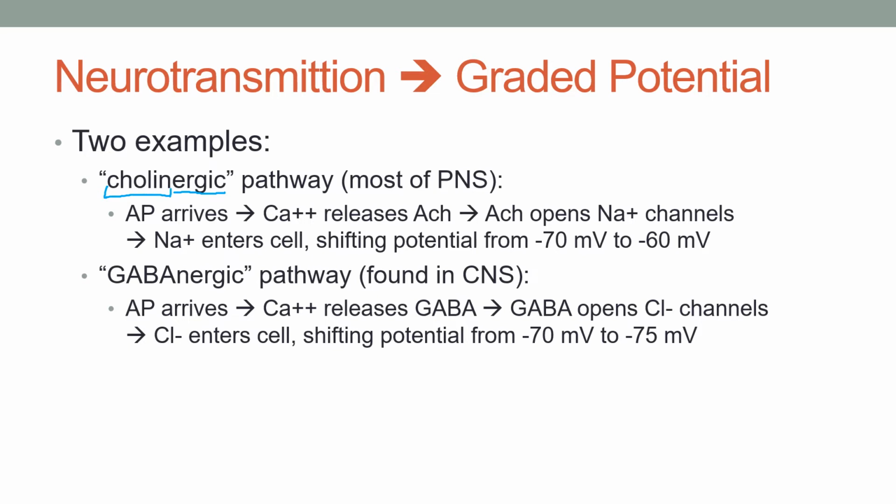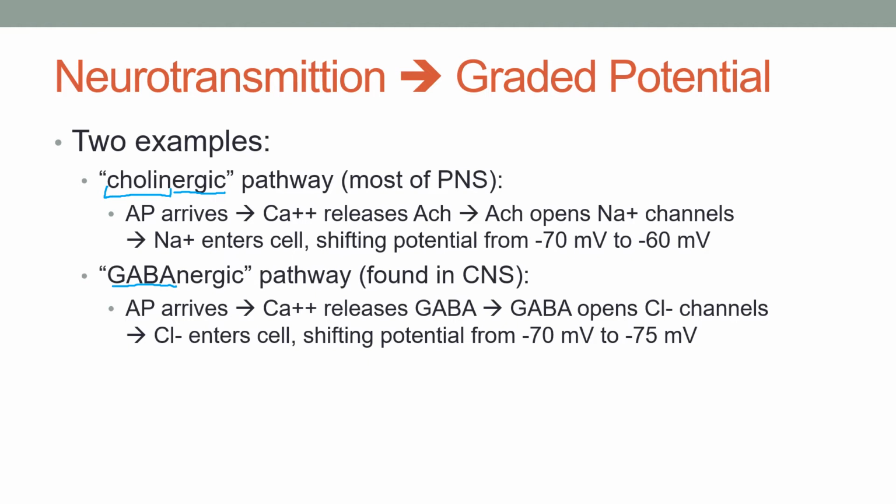So cholinergic, that comes from acetylcholine. Adrenergic comes from adrenaline, which is the old name for epinephrine and norepinephrine. GABAergic is going to be a GABA neurotransmitter, gamma aminobutyric acid, which is the main inhibitory neurotransmitter used in the central nervous system.